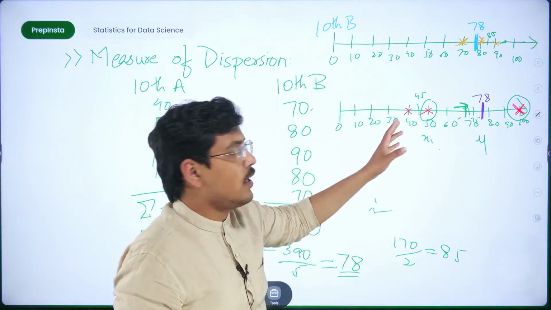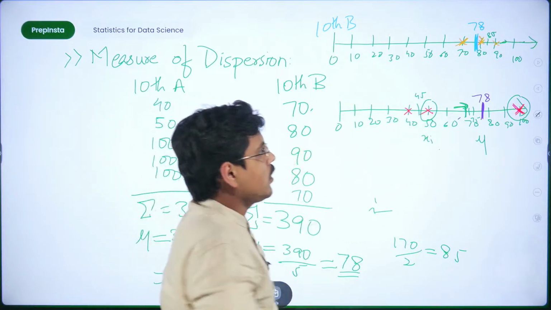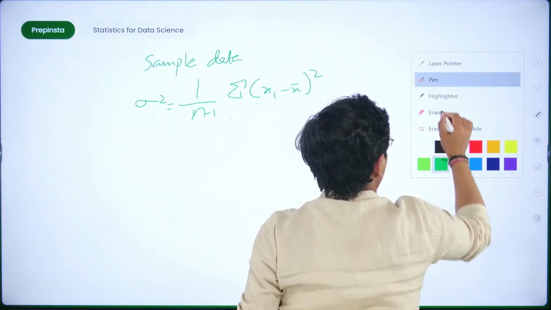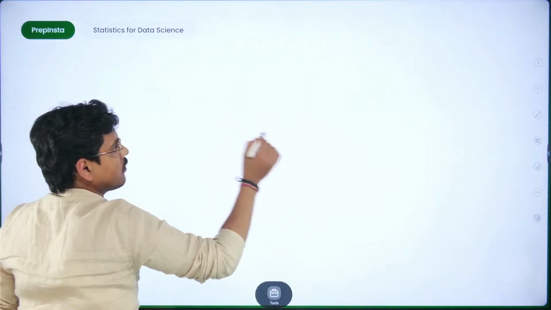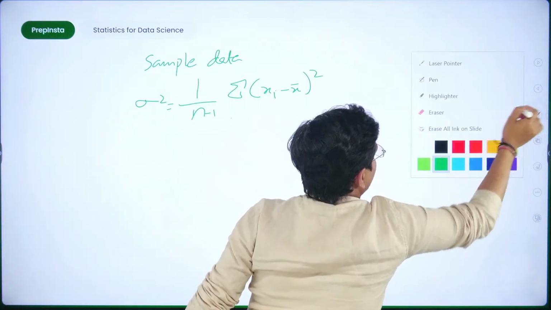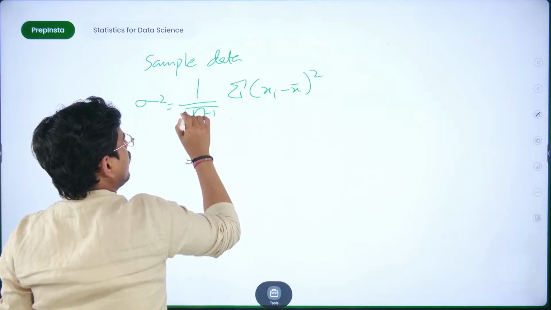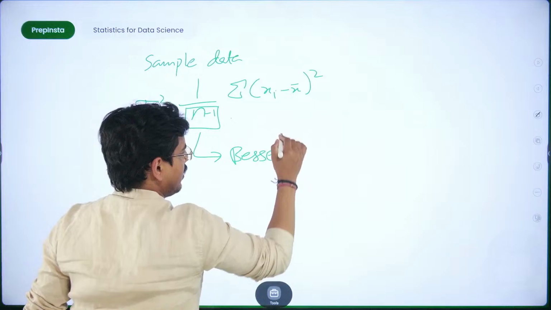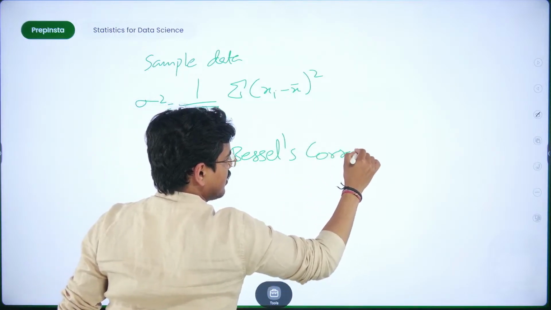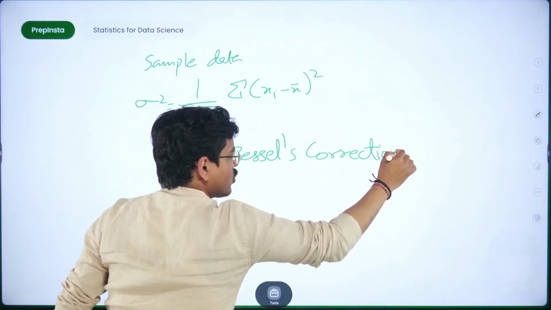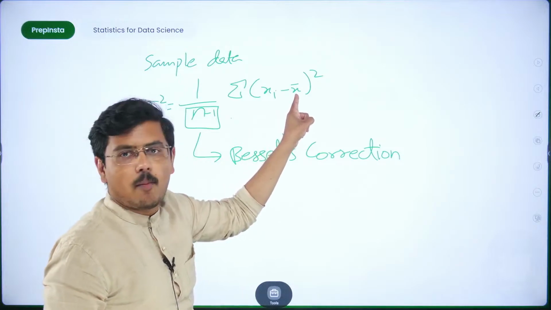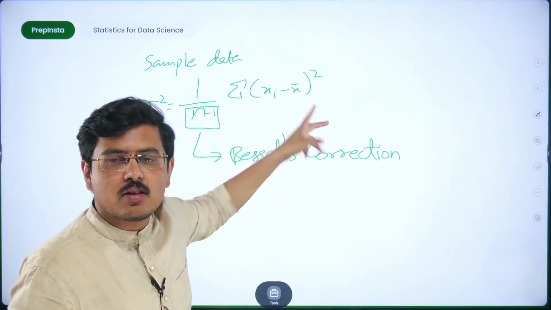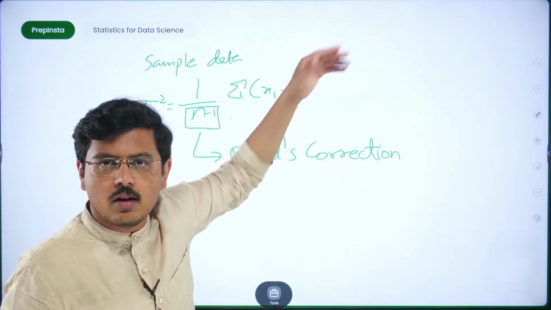So you need to understand that this particular thing that we are doing here, this n minus 1, is called Bessel's correction. Why so? You know this mean was problematic when I showed you, and due to this a lot of problems were further occurring.